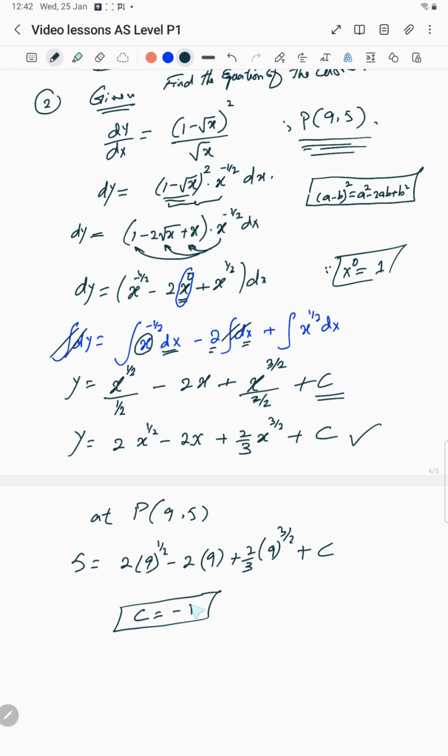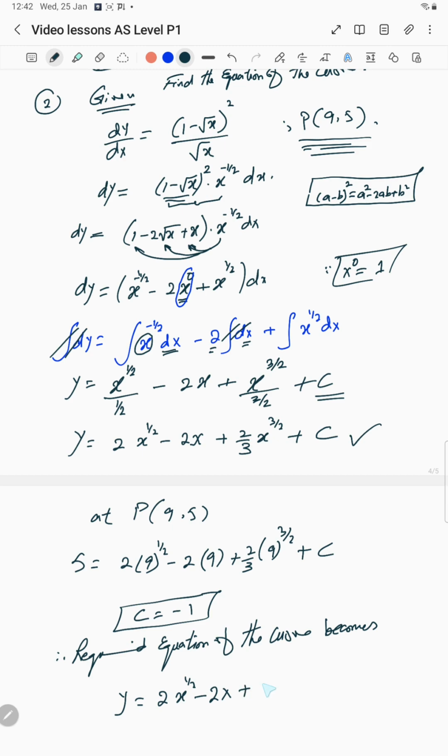So replace the value of c here. Finally, the required equation of the curve becomes y equals 2x power 1 by 2 minus 2x plus 2 by 3 x power 3 by 2 plus c, that is minus 1. So this is the final answer.